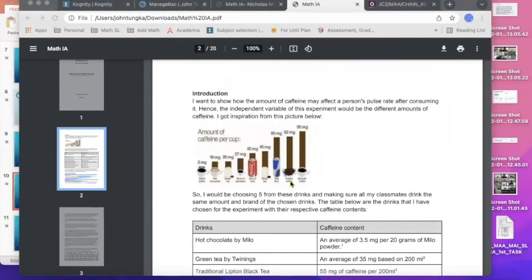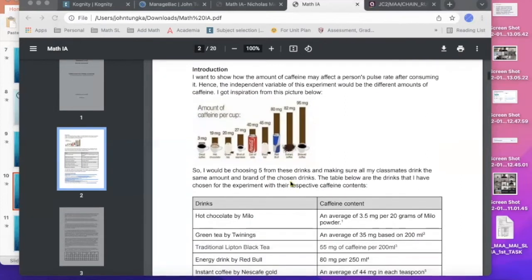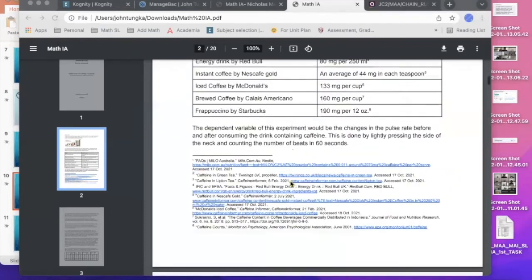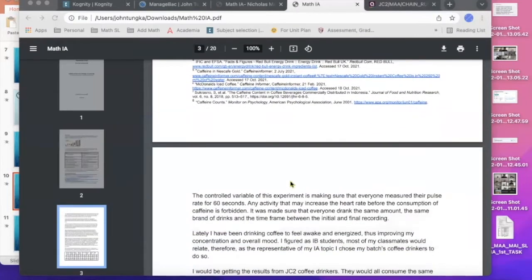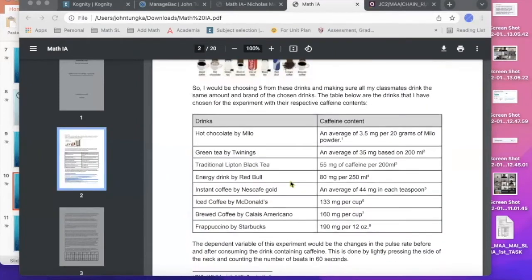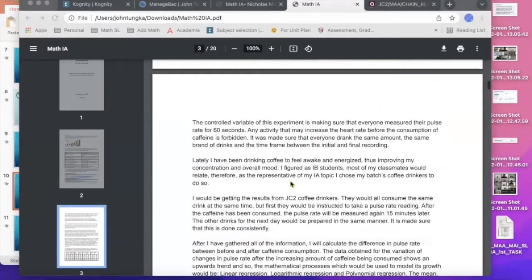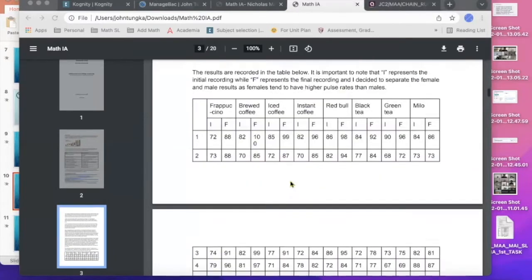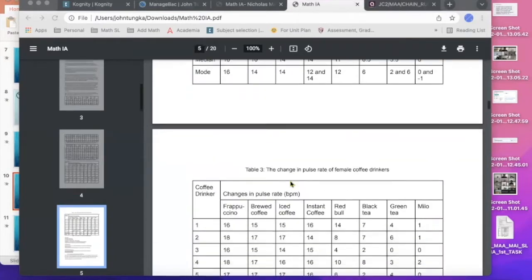Your rationale should be the reason why you choose this IA. And then you include what you want to do. So put what you want to do.